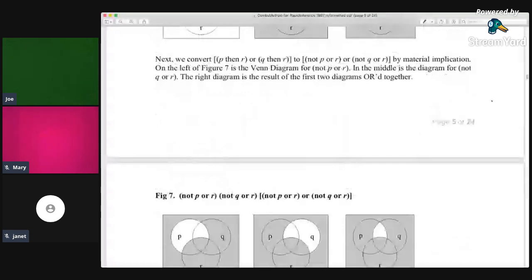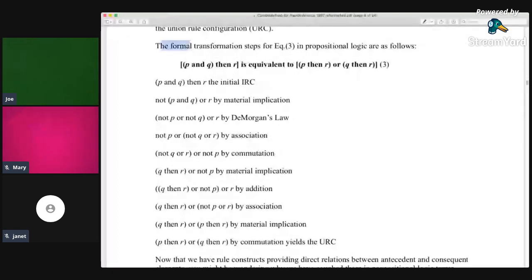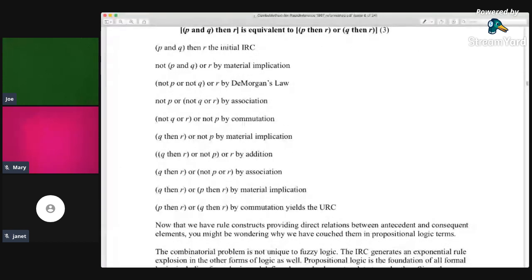Because here is the formal transformation steps for the propositional logic that he put together to show that the initial intersection rule configuration, P and Q then R. And he goes through the mathematics, and then P then R, Q then R, connected by OR, by the union rule combination.